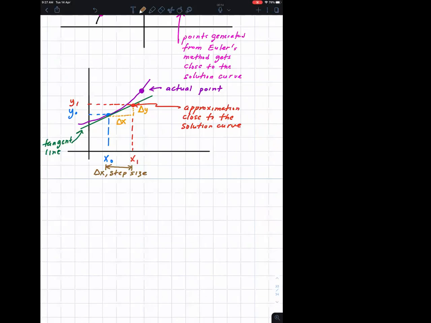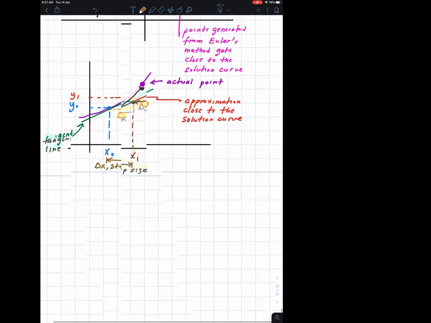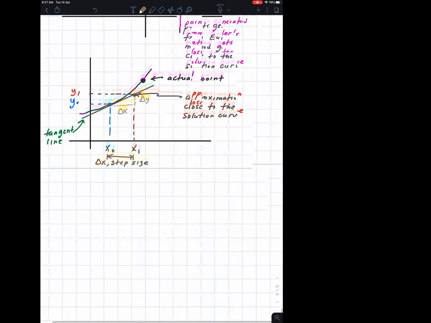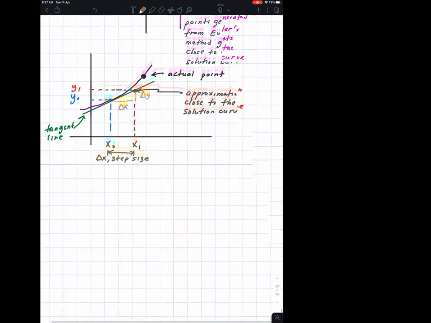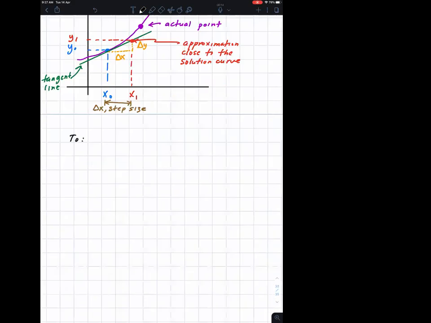So using all this, you are trying to solve a problem. To start a problem, you should be given an initial condition, x naught, to start.